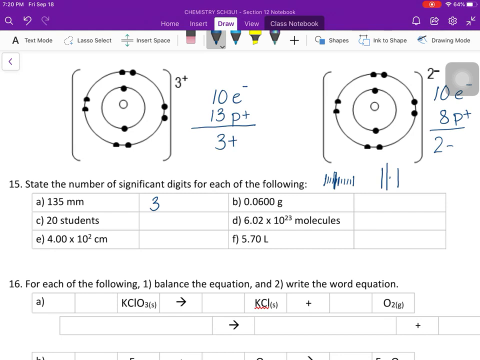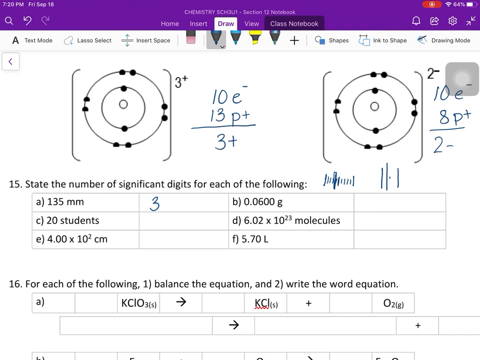In the next one, so our last number, we often round. So 135 millimeters over there. If my measuring device went down to millimeters, I could have estimated there a decimal place.